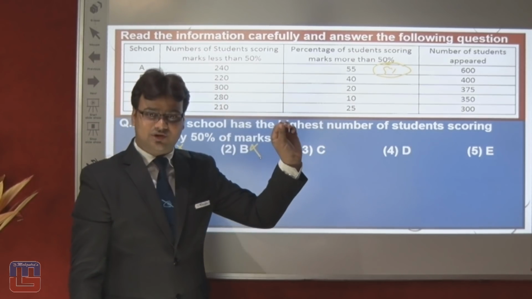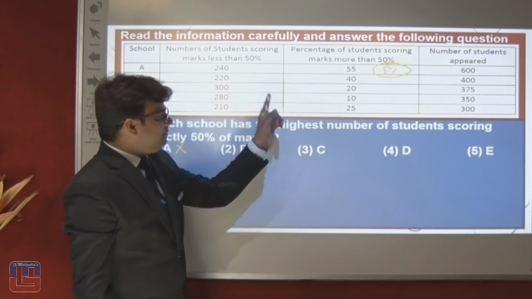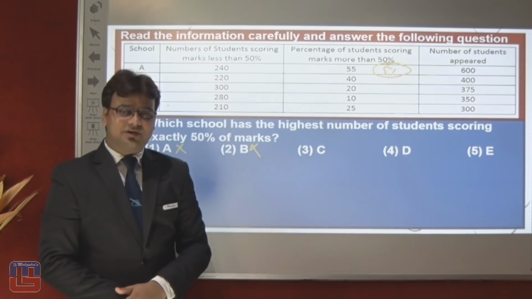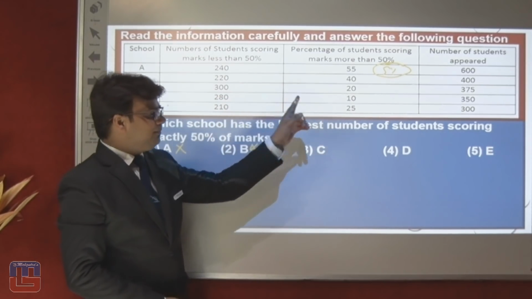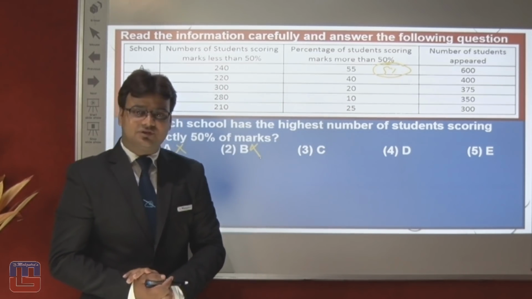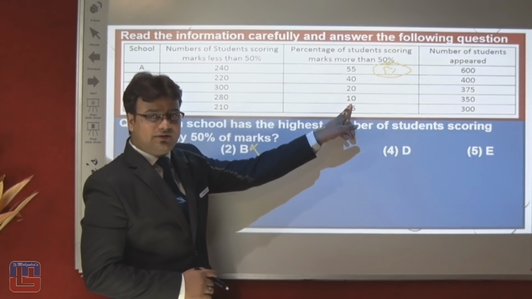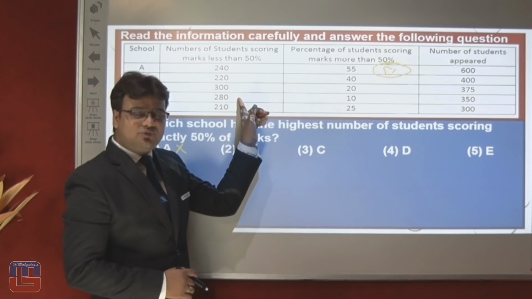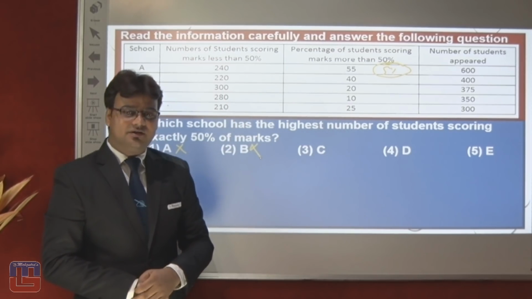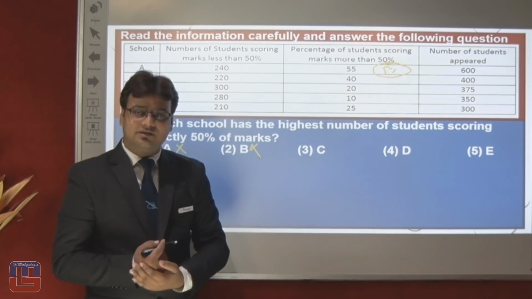Next, 280 plus 10% of 350. 10% of 350 is 35. That means 280 plus 35 is 315, and the total number of students here is 350.